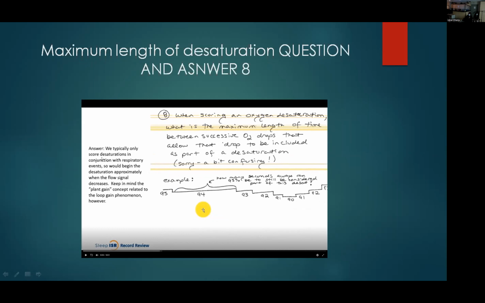We typically only score desaturation in conjunction with the respiratory events, so we would begin the desaturation approximately when the flow signal decreases. Keep in mind the plant gain concept related to the loop gain phenomenon. However, they say there's no definitive information about this in the scoring manual, but still.